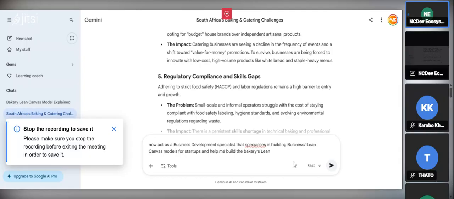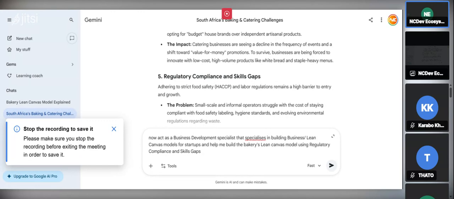And yeah, both the bakeries lean canvas model using regulatory compliance steps as one of our unique value propositions.